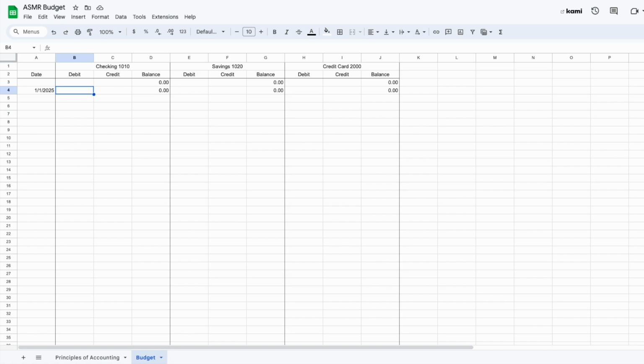But let's say, for our example, that you make $60,000 a year and you get paid once a month. So, on January 1st, 2025, you get paid for the first time. Let's calculate that amount.